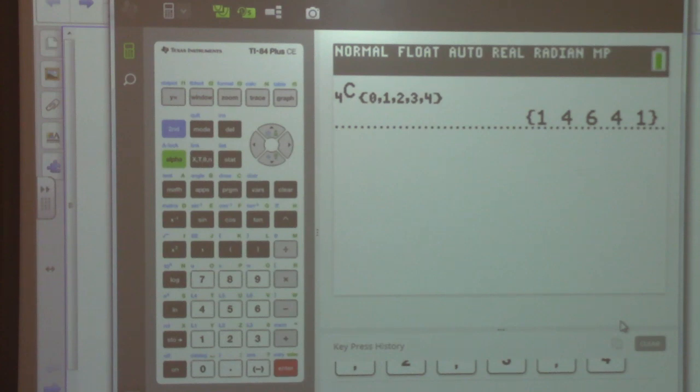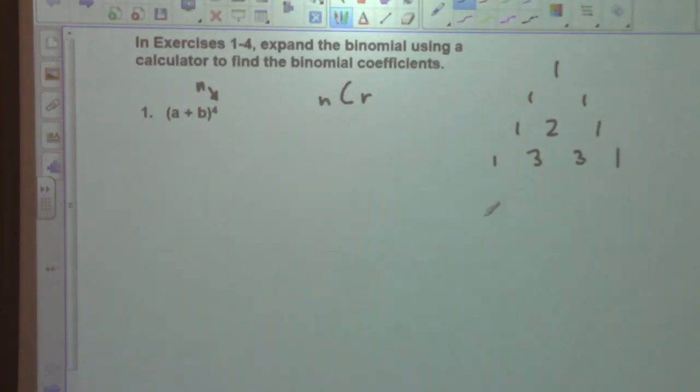Now you can use that pattern, and you can write it down if you have a hard time remembering: 1, 4, 6, 4, 1.